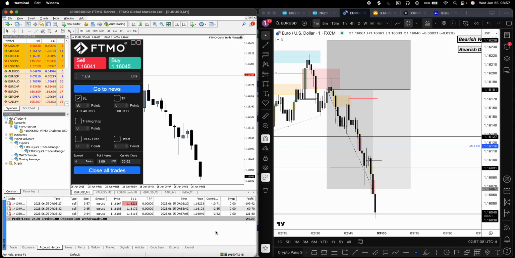So we closed with, let's see, 69.7 plus 121.8 minus 2.55 minus 2.52 for the commission. So that's a 1.86R trade. 1.86, so basically 2.1 minus 1.9, 0.2.